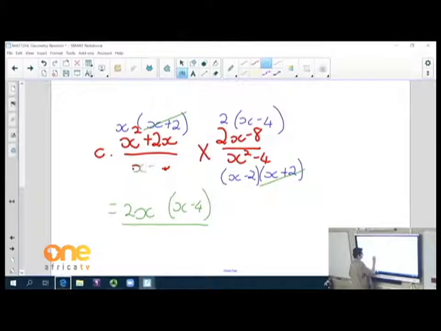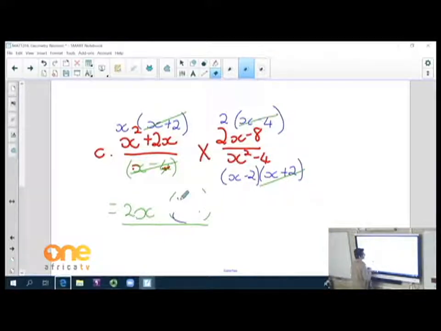This x minus 4. It's sometimes good to put it in brackets, but then you can see it clearly, so those two will cancel out. So then I have 2x left over, and then here it's x minus 2. So there's my final solution for this one.